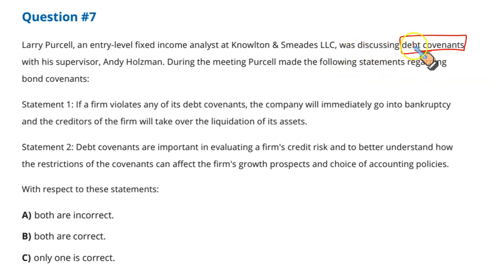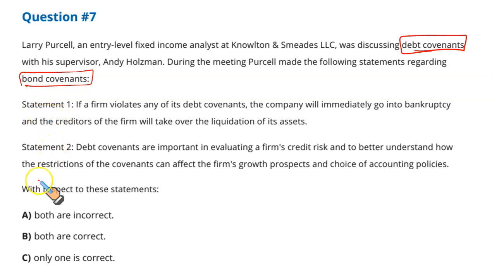Right? So we are discussing some debt covenants with the supervisor, and the name of supervisor is Andy Holzman. During the meeting, Purcell made the following statements regarding bond covenants, restrictive clauses related to bonds to put the issuer under an obligation not to do anything that might jeopardize the interests of the bond holders.